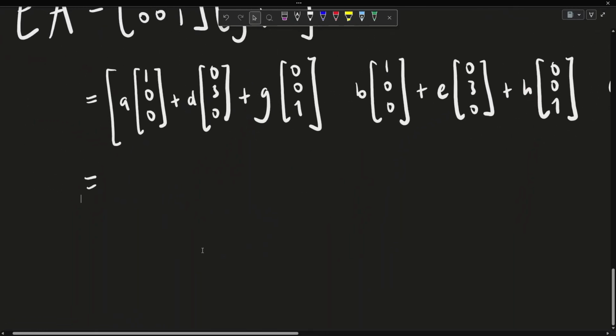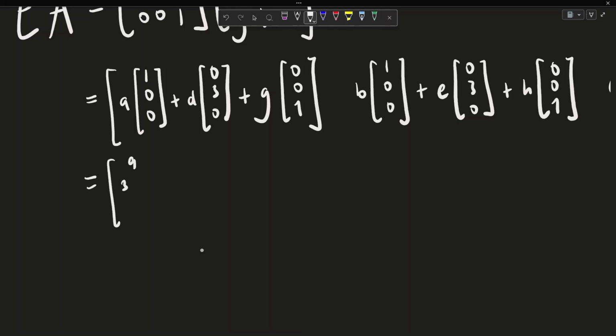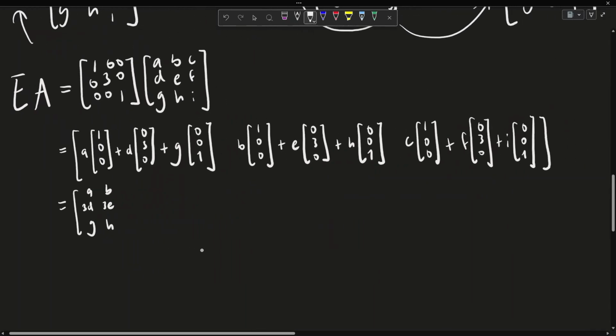we can do this a bit faster now that we're getting used to multiplying matrices. We have A, 3D, G as our first column. We have B, 3E, H as our second column.